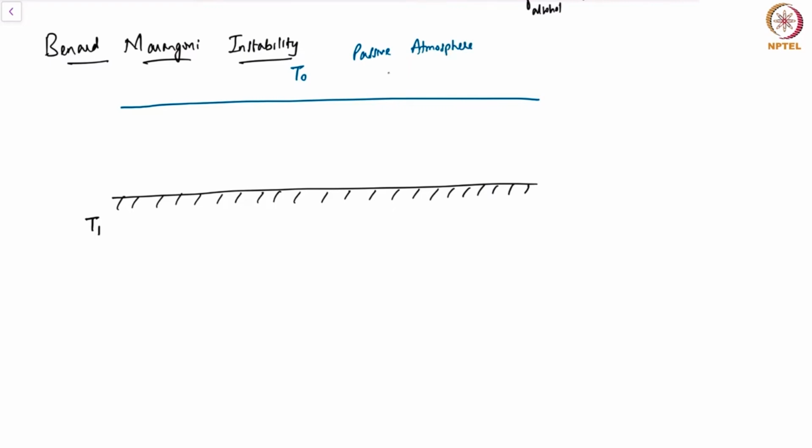By passive we mean the viscosity of the atmosphere does not play any role, so we can assume it to be 0. The characteristic length scale in the problem is the thickness of the liquid in this container.